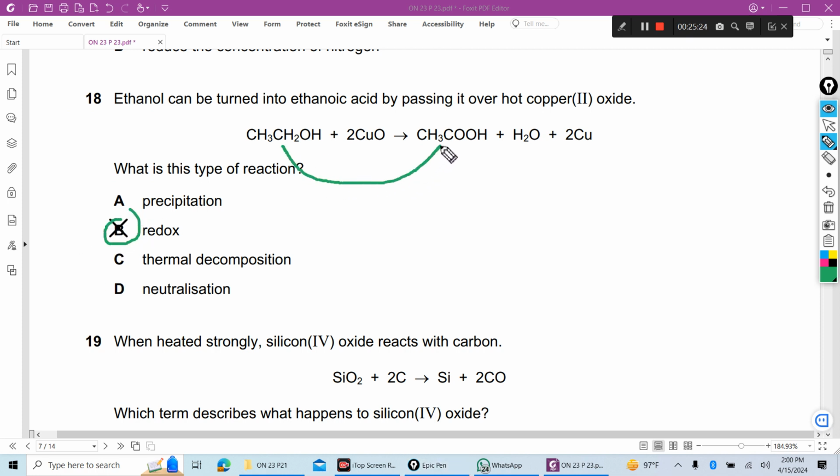Ethanol is oxidized to ethanoic acid because oxygen is added. Copper(II) oxide is reduced to copper because oxygen is removed. So B is the right answer. Ethanol is oxidized because oxygen is added. Copper(II) oxide is reduced because oxygen is removed. So B is the correct answer, redox reaction.